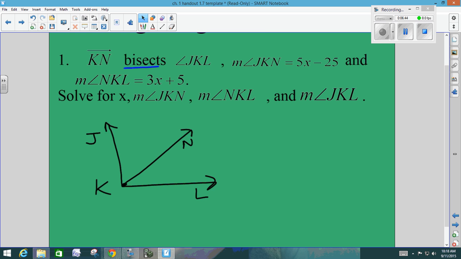When you see the word bisect, you have to start thinking, I gotta mark something. Okay, if we're bisecting an angle, what are we doing to the angle? Cutting it in half, making two congruent angles. Well, if KN is the one that's doing the bisecting, then angle JKN has to be congruent to angle NKL. And you want to mark that on your picture.